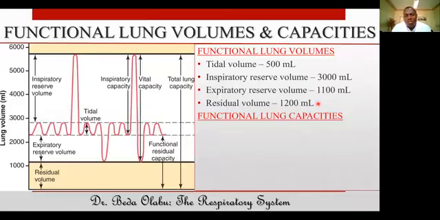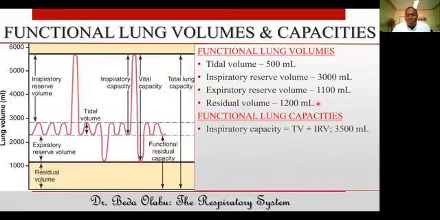Now we can talk about functional lung capacities. The lung capacities are just gotten from addition of 2 or more lung volumes. And these are usually done for the sake of diagnosis of particular respiratory conditions. When you put a patient in a machine called spirometer, you are able to calculate these other capacities as well.